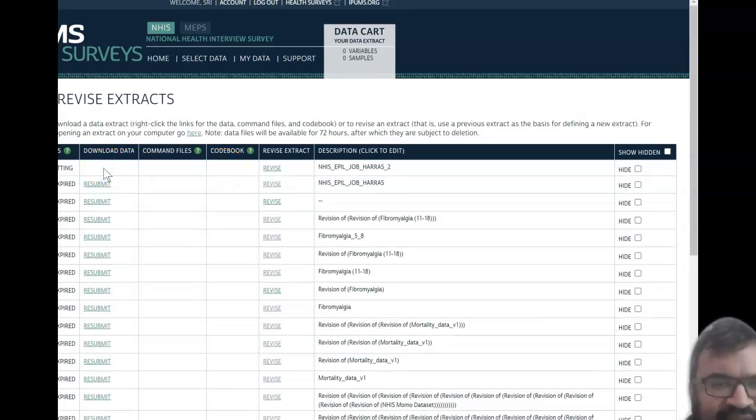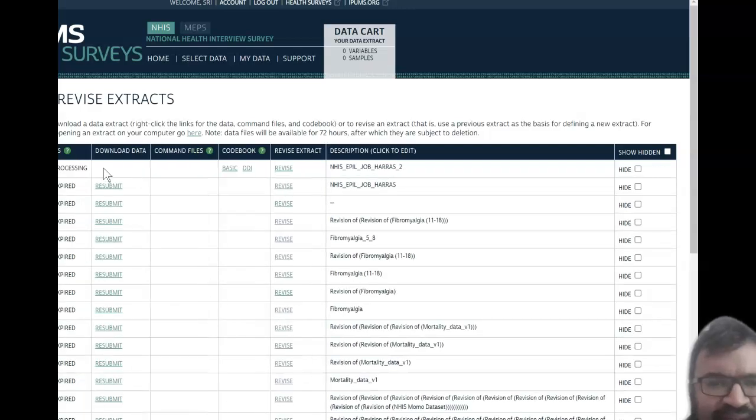And you can actually go into resubmit and take a look at some of the files that are available. I'm not going to really go over this. However, here's a code book that you can easily access and take a look at what a lot of these variables mean.